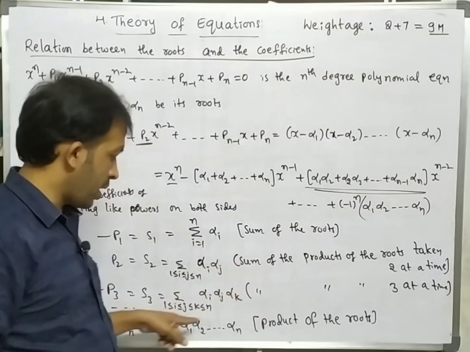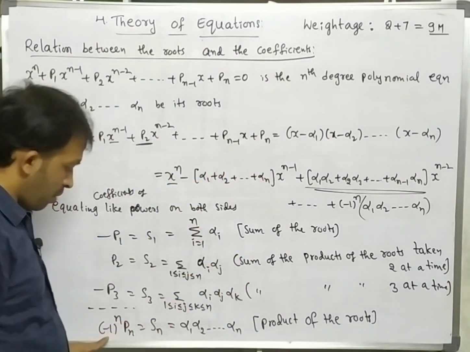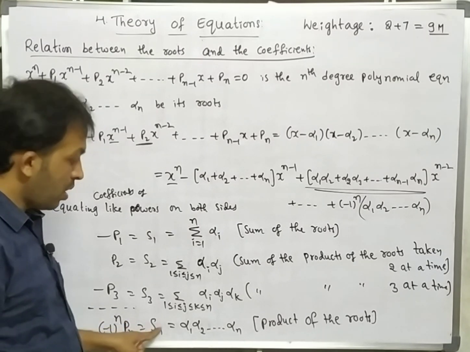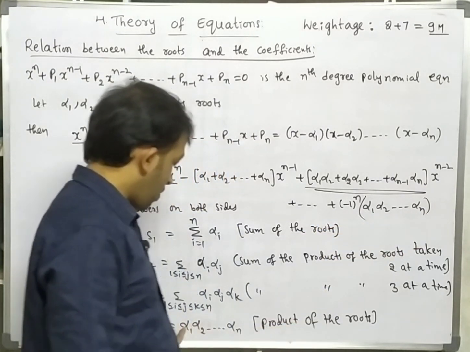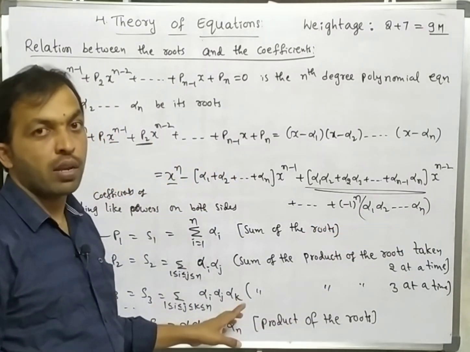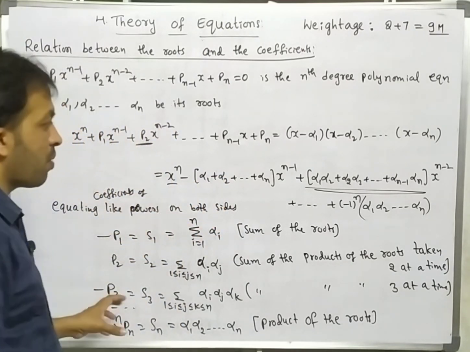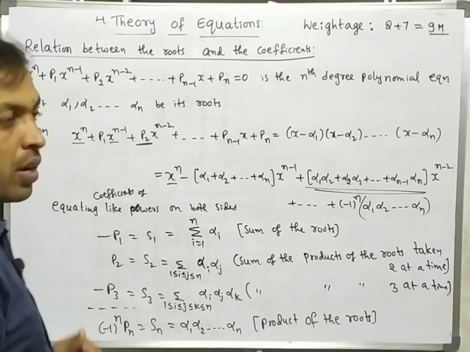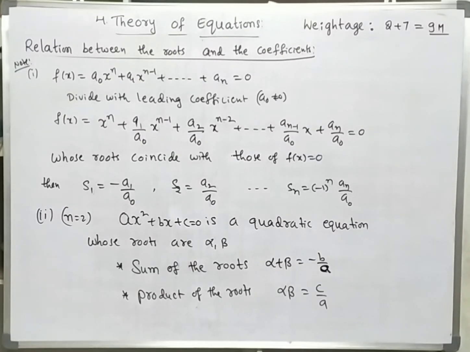Finally the last one, pn into minus 1 whole power n, is equal to sn, which is the product of all the roots, alpha 1 alpha 2 so on alpha n. These are the important points which we should remember. Let us observe some general cases, some specific cases. Next, some observations.